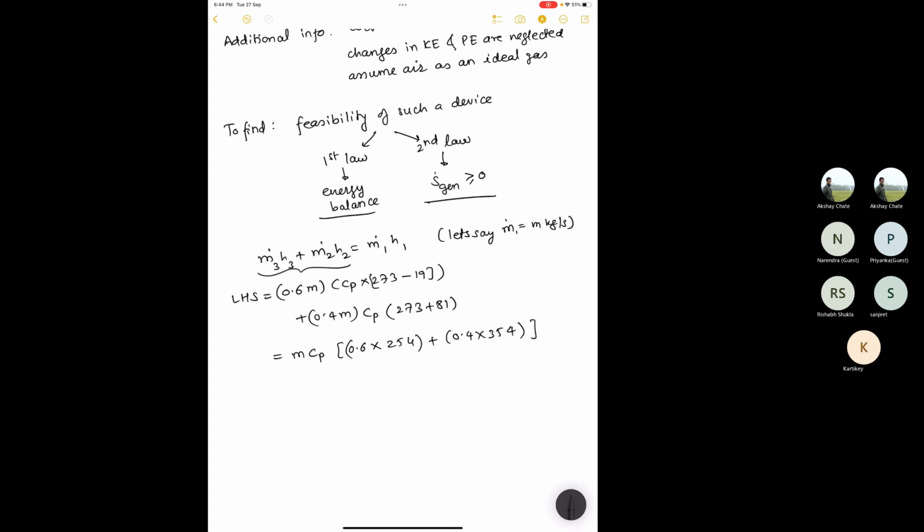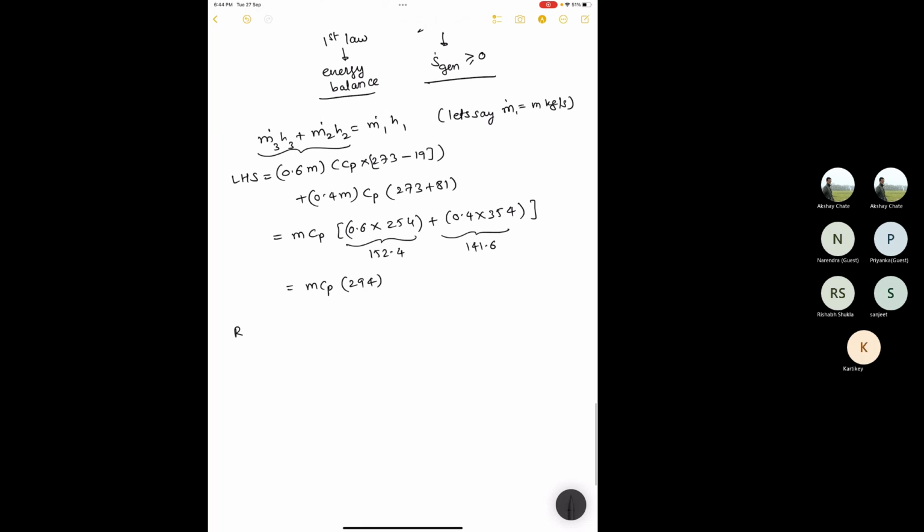That is 152.4, and 0.4 into 354 is 141.6. If you add these, you get m Cp into 294.